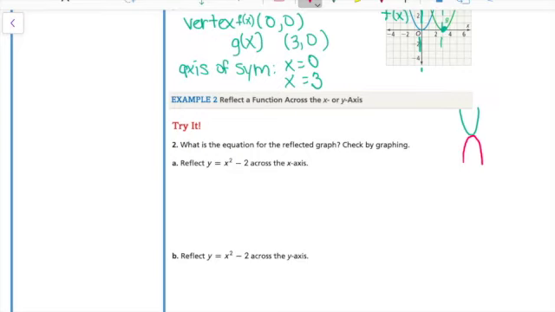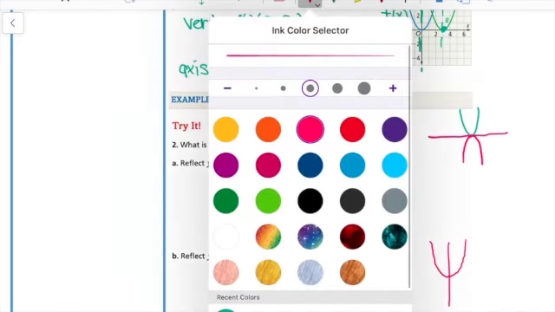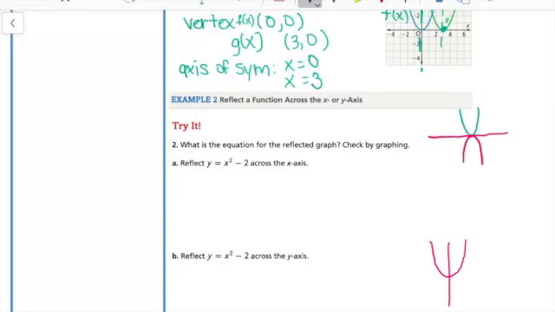That's the x-axis. The y-axis would be, instead of this way, this way. But funny things happen. If I pick that up and flip it, maybe a two-toned parabola would help.